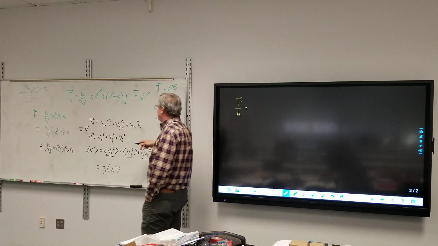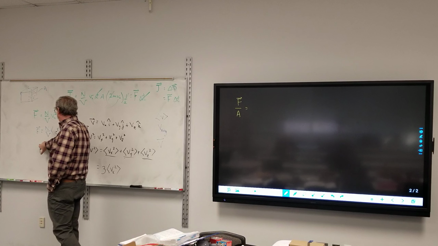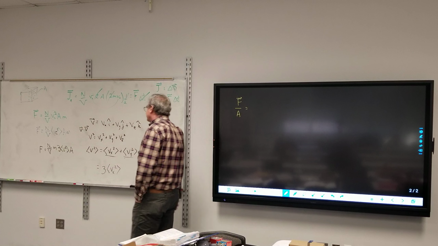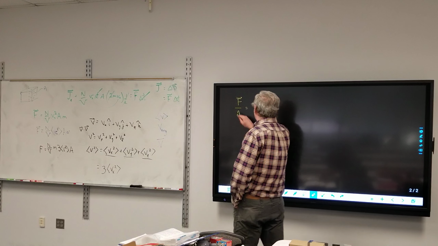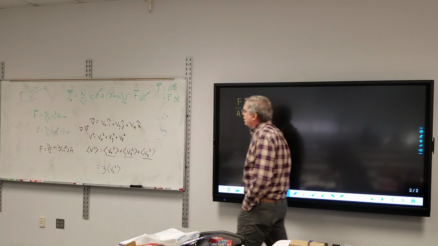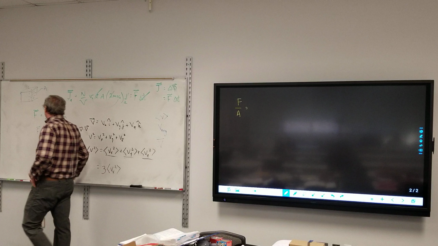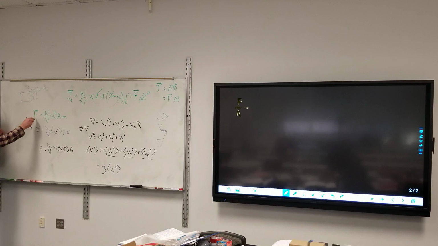And actually, at this point right here, there really should not be a vector symbol over F. Why? Technically, my notation got sloppy here. This implies the total force. We're only looking at the forces in the x direction, so it's really just the x component of the force, and at this point, this would be just the average force. Because I have vectors on the right-hand side in this equation, so there shouldn't be one on the left-hand side.